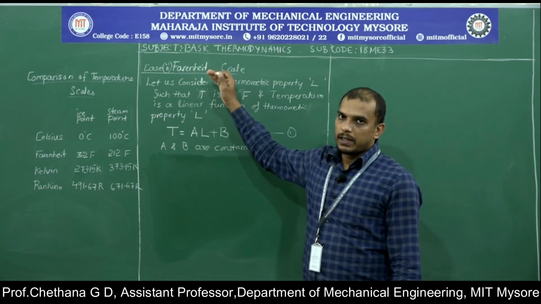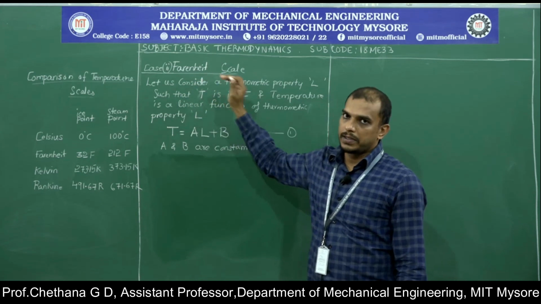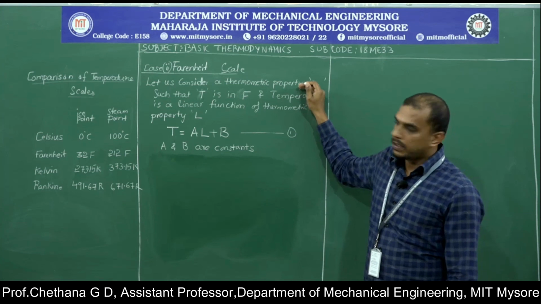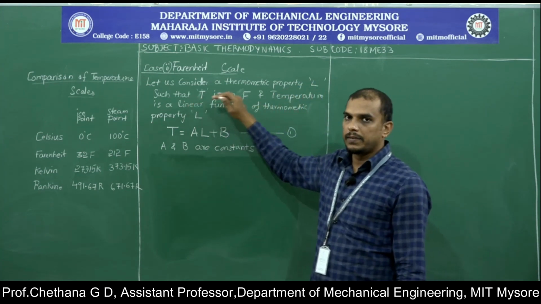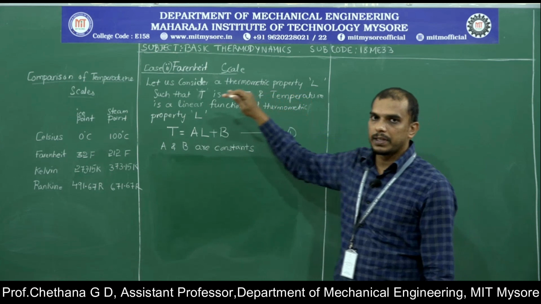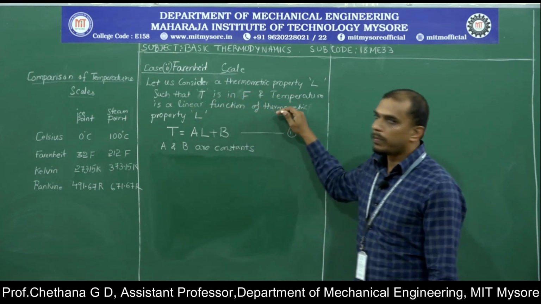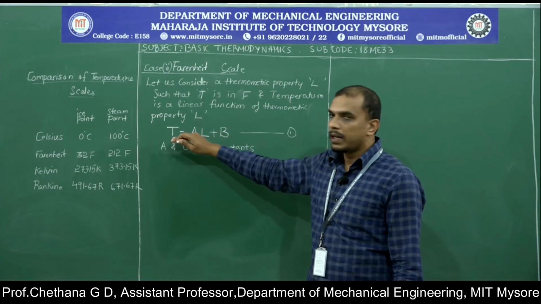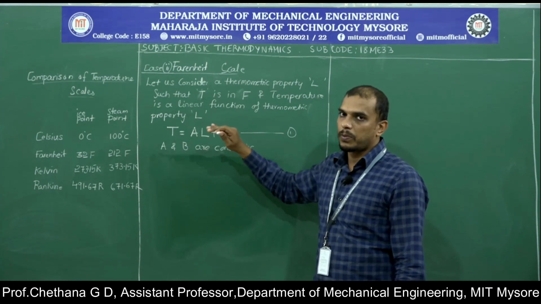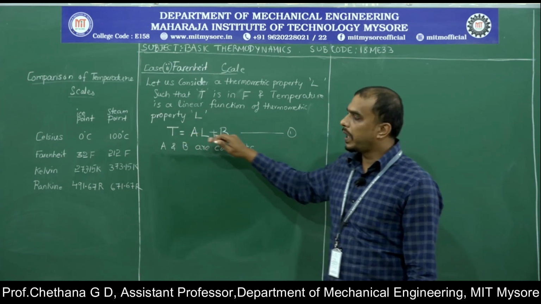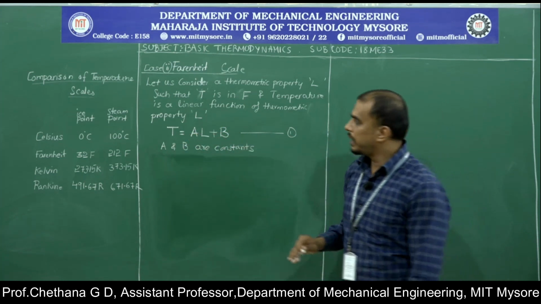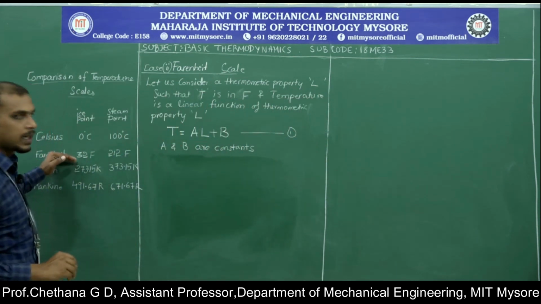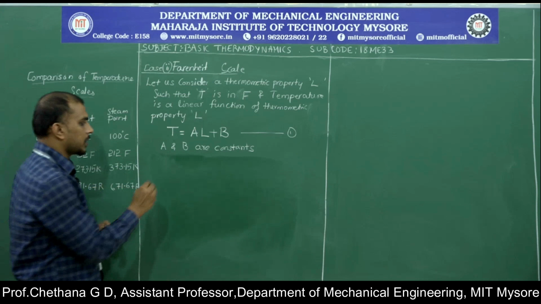Let us consider case 2, that is the Fahrenheit scale. Let us consider a thermometric property L such that T is in Fahrenheit and temperature is a linear function of thermometric property L. Since it is a linear function, you can relate the temperature with the thermometric property as T is equal to AL plus B, where A and B are constants. Let us put in the conditions which we know in this equation 1.